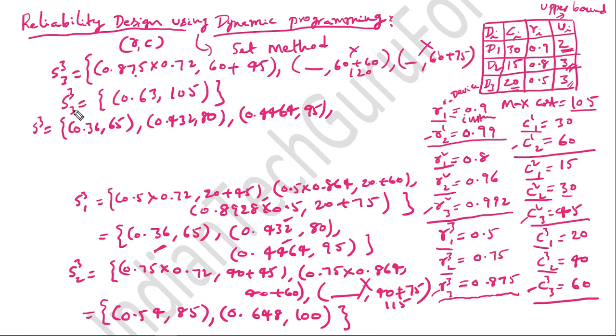And for S power 3 suffix 3, there is one tuple, 0.63 comma 105.